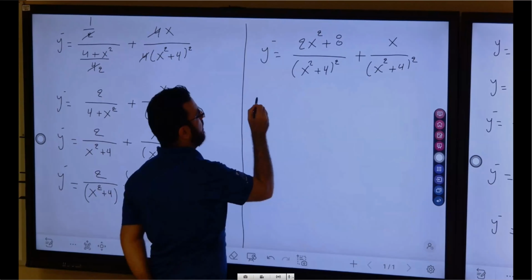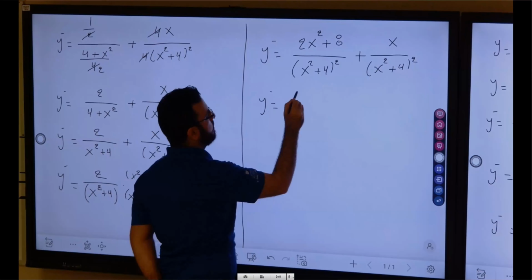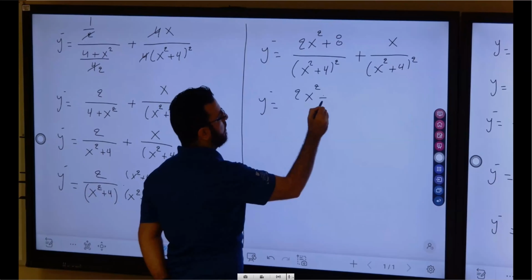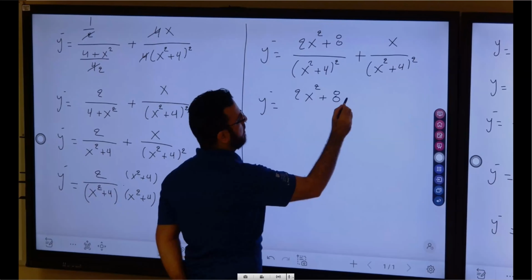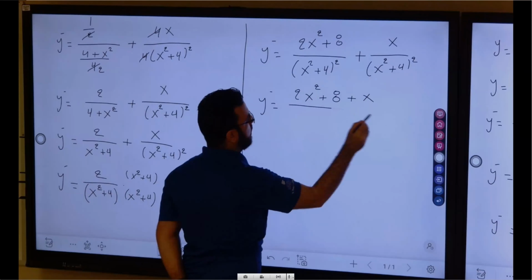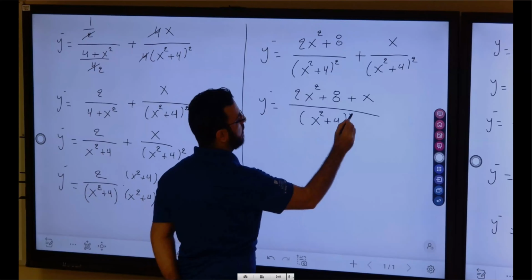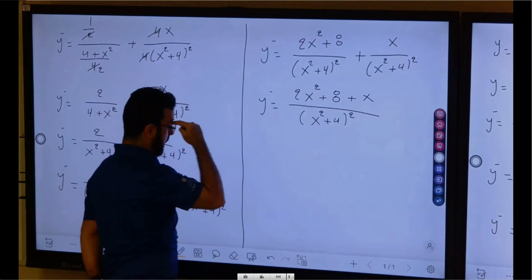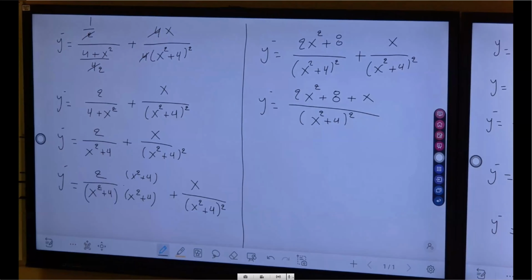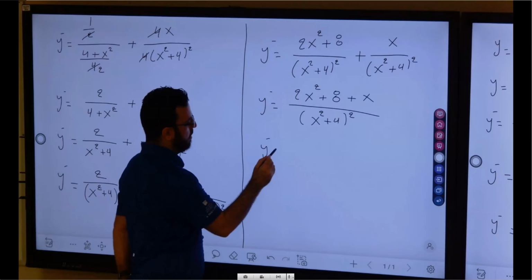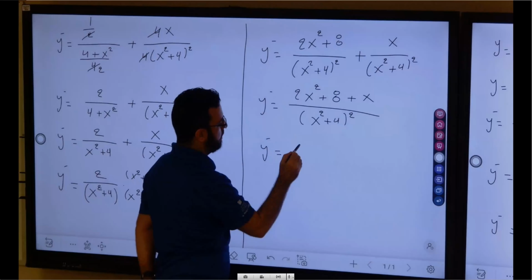That means y prime is going to be 2x squared plus 8 plus x over that. You can see what's next. You can keep it like this.